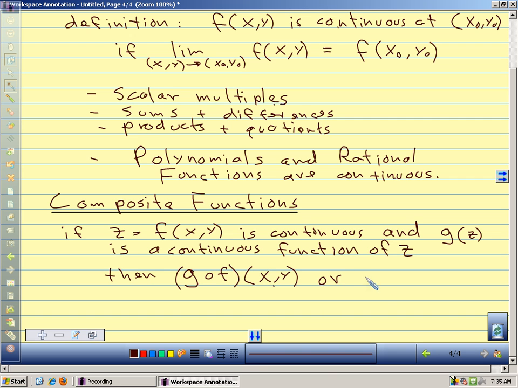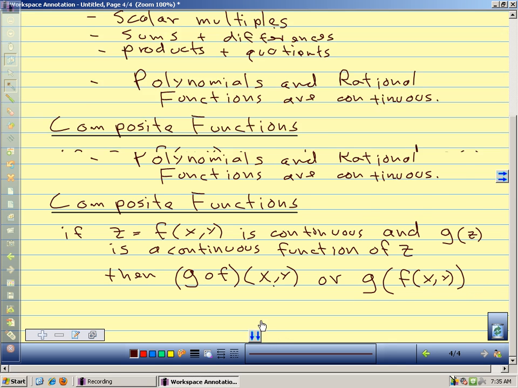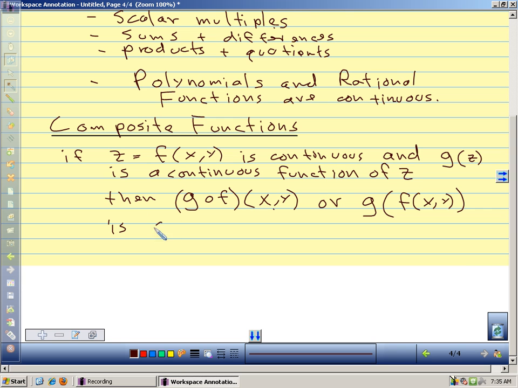Or we can write that g of f of x, y is continuous. And this implies that our limit is just the value of the function at the point that we're interested in.